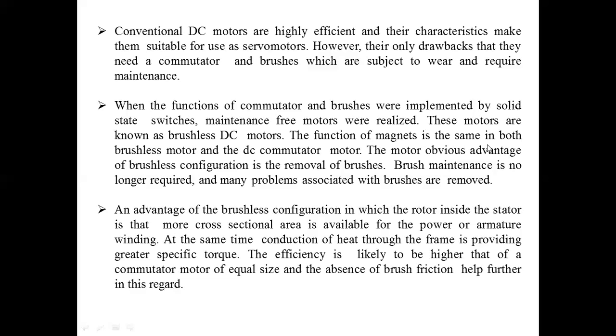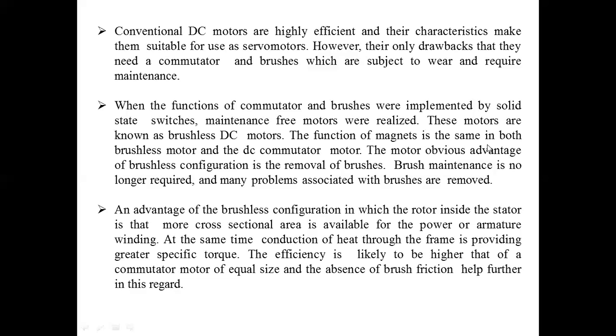The maintenance of conventional motors is higher. While using solid state switches, the maintenance of the motors should be very little, even none.